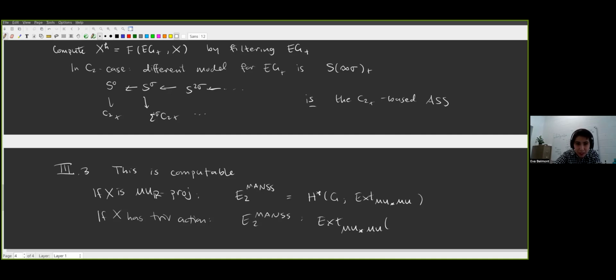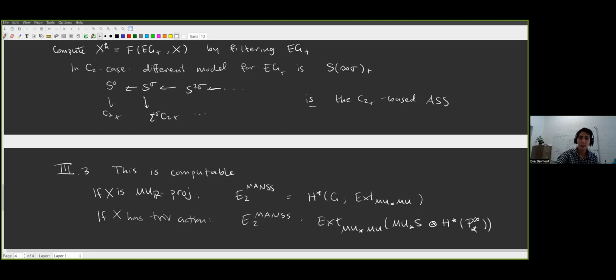The homotopy fixed point spectral sequence is related to projective spaces, and so that's how this is turning up. Both of these things are very approachable.